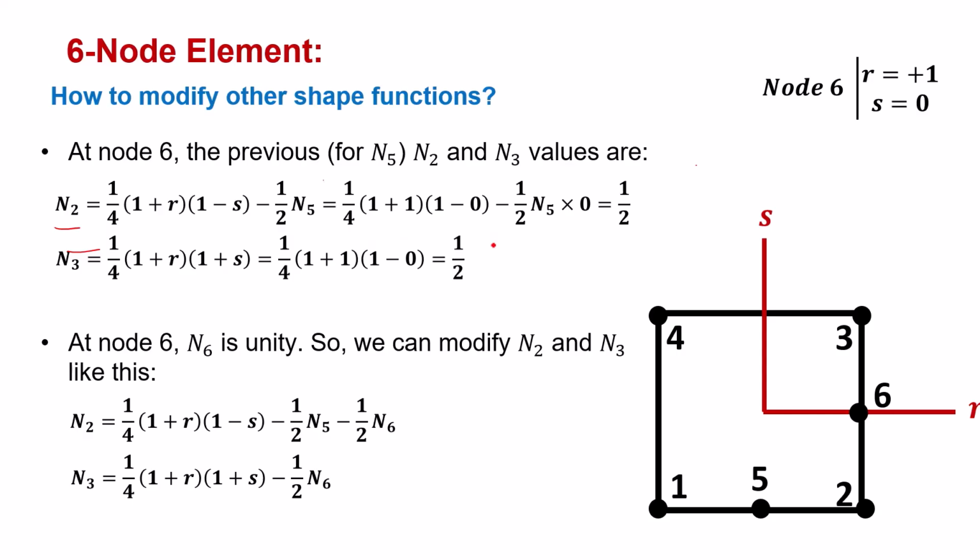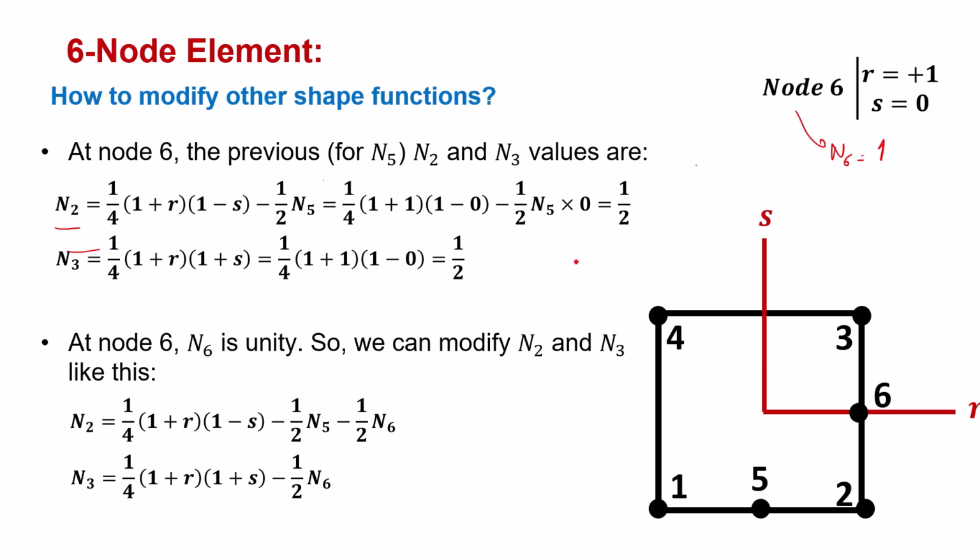That means node 6 would still be influenced by nodes 2 and 3, which is not allowed. But remember, at node 6, n6 is equal to 0, and all the other shape functions must go to 0. So just like we did in the 5-node case, the fix is to subtract a portion of n6.